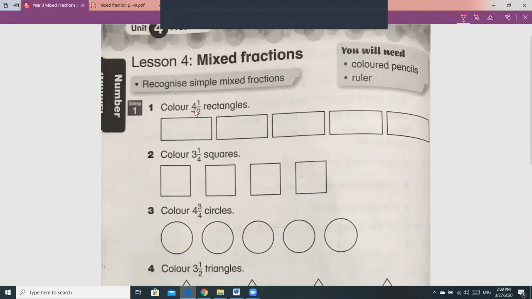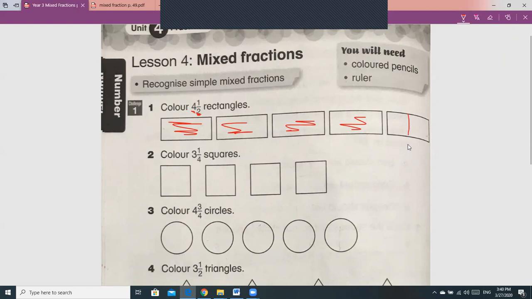It's 4 whole rectangles, means I have to color four rectangles. Then he said 4 1/2, and he didn't divide it for me, so I can divide it myself. The number down tells me I will divide it into how many parts? So I will divide it into 2 equal parts.